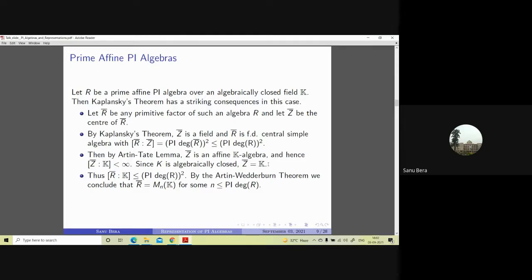Thus here R bar is finite dimensional over K. I think the answer is that because R is finite dimensional over K, Z bar is also finite dimensional over K. But R bar is finite dimensional over Z bar, not K.